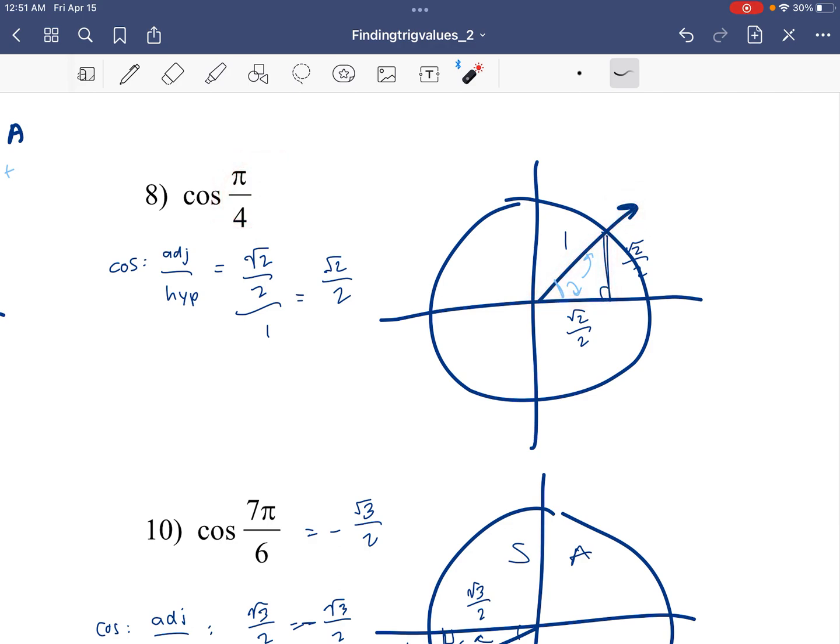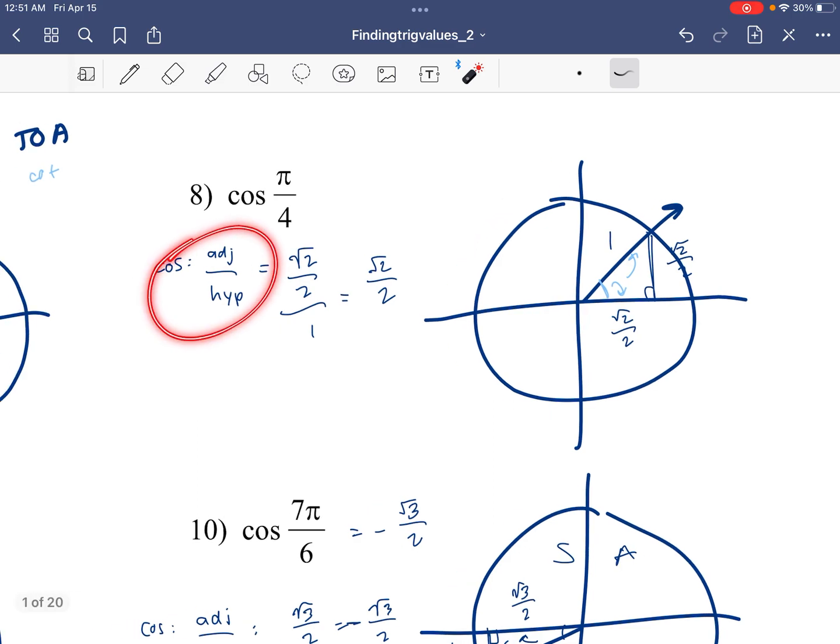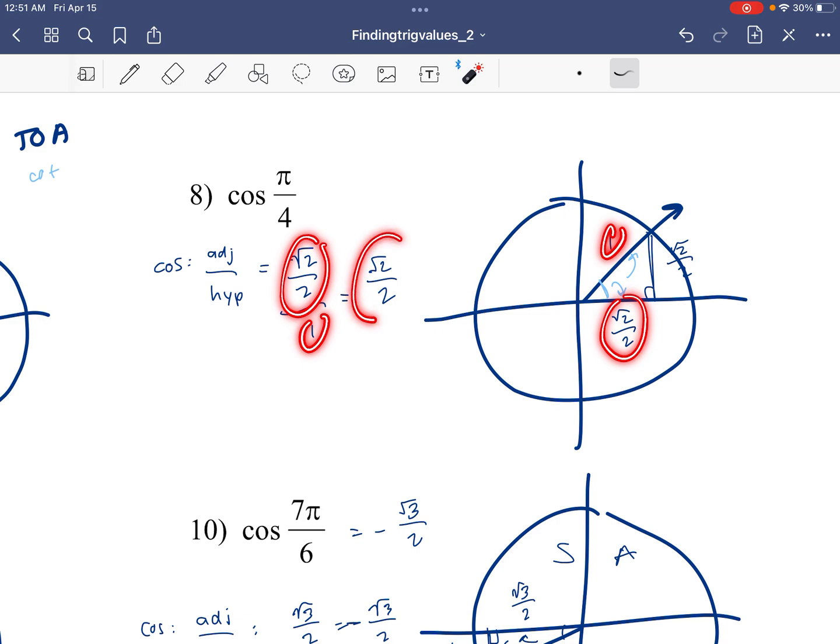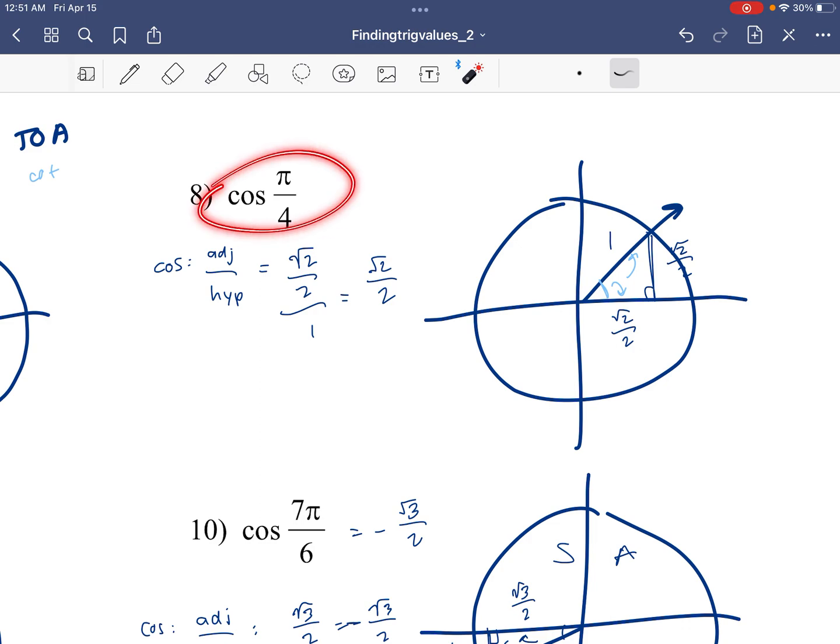So we have rad 2 over 2, rad 2 over 2, and 1, since this is a 45, 45, 90 triangle, which means that these two side lengths are the same, and the hypotenuse is always 1. And so for cosine, it's adjacent over hypotenuse. So this is the adjacent, and this is the hypotenuse. So I have this over this, and you end up with that. And it's all in the first quadrant, meaning it's all positive. So this value is positive.